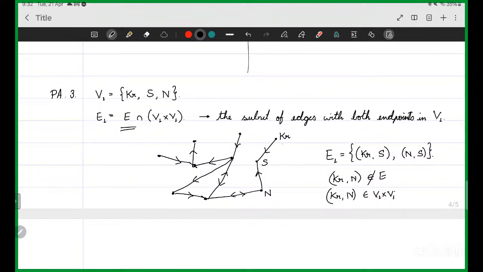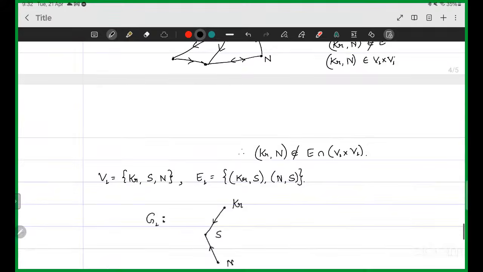Among the 9 possible combinations between K R, S, and N, there are only two which are there in the original graph E, which is K R S and N S. So that is what we take and write as E1 as per the problem statement. It is E intersection V1 cross V1. Okay, thank you.